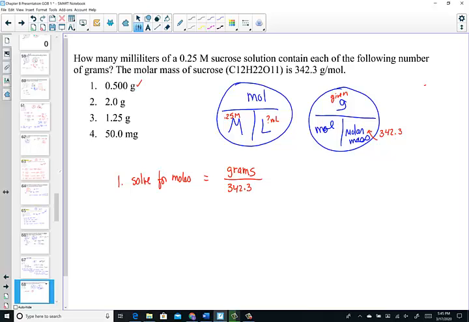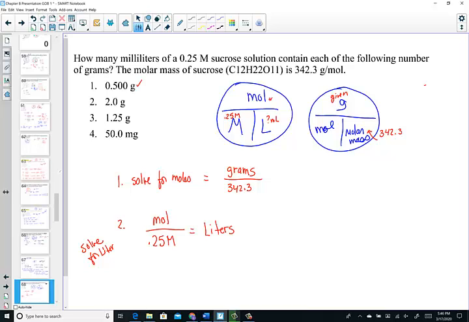Once we have moles, we'll take the moles and divide by molarity, and that will give us liters. And when we solve for liters, multiply by 1,000 to get it into the milliliters it asked for.